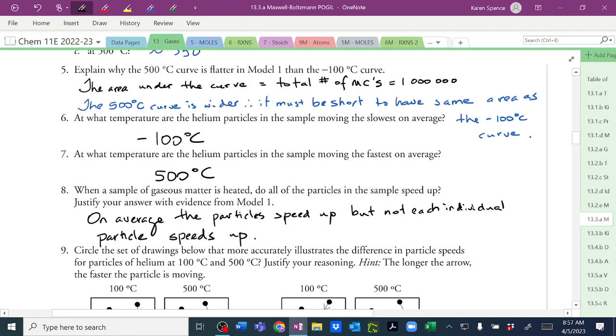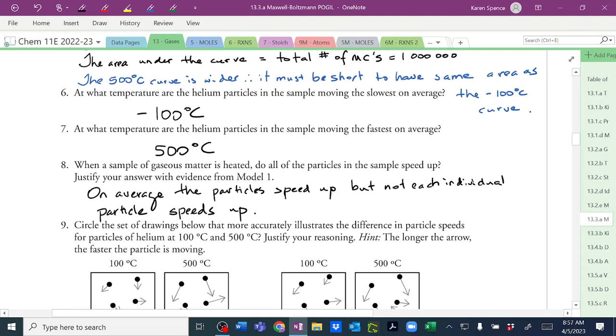In fact, you could have one particle that was going quite quickly, and if it happens to collide in a particular way with some other particles, it might end up going slower than before, even at a higher temperature, as long as, on average, all the particles are moving faster.